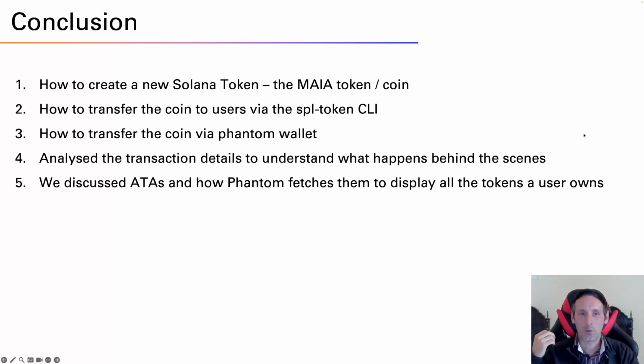We talked about how to transfer the token via the Phantom wallet. So 2 ways that I've shown you today of doing this. And obviously there is going to be the programmatic way of doing this via code. I will show you this in the next video. And we analyzed the transaction details to understand what happens behind the scenes.